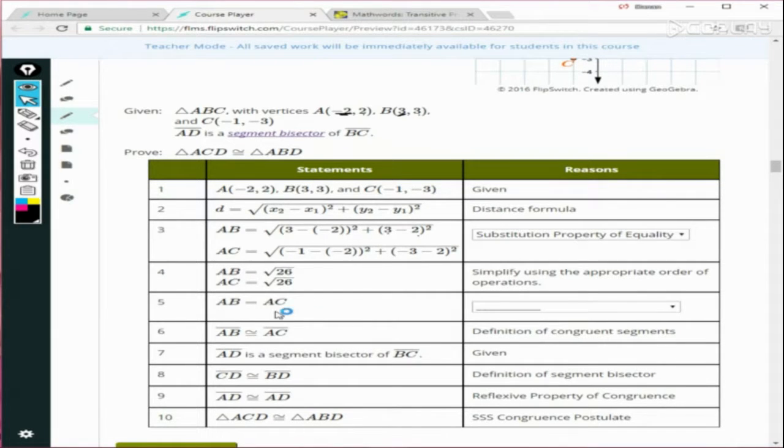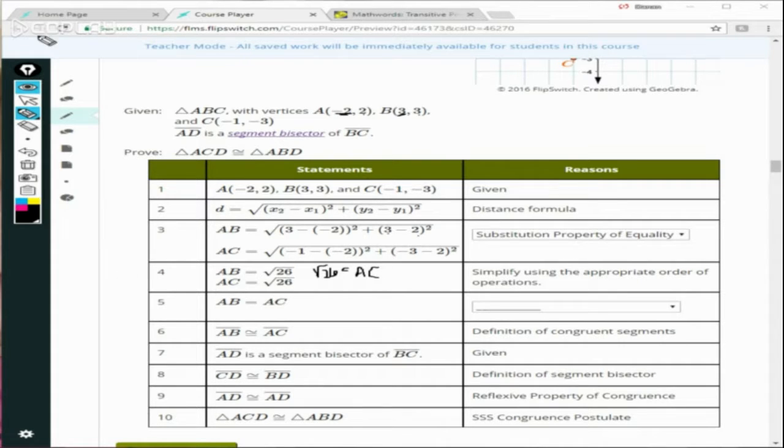So let's look back. AB equals AC. AB equals the square root of 26 and AC equals the square root of 26. So we could also say that the square root of 26 equals AC.